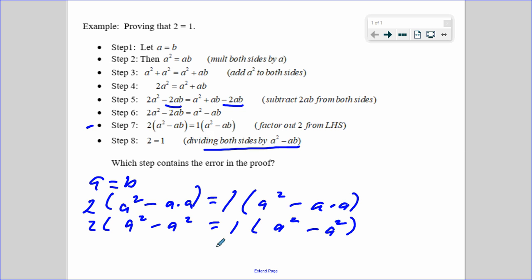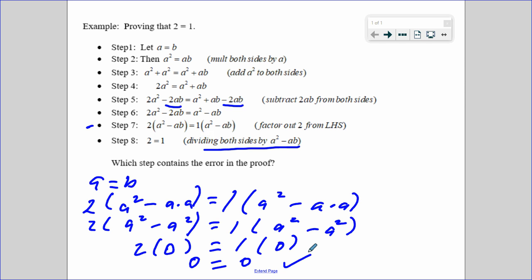Okay, so when you're done, leave that bracket there, you should have 2 times A squared minus A squared is 0, and 1 times A squared minus A squared is 0. So you should technically have 0 times 2 is 0 equals 1 times 0, which is 0. So that makes this a true statement. And that's where the error was occurring between step 7 and step 8.